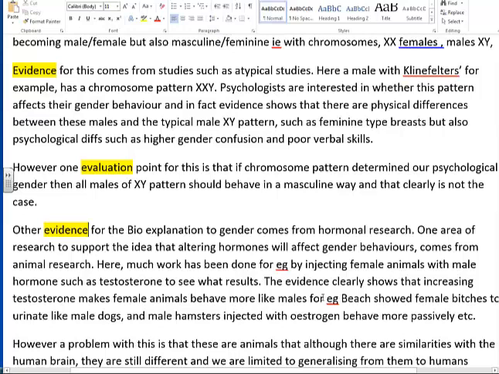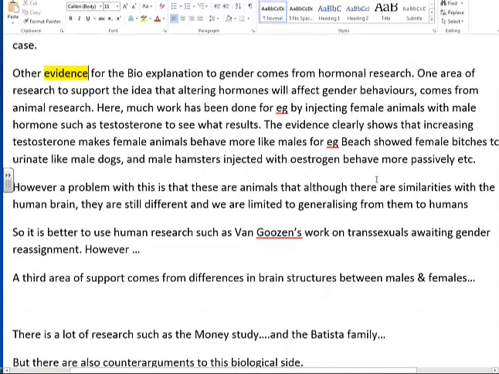For example, and now we get to the bit with more precision, Beach, that's the name of the research, showed female bitches to urinate like male dogs. And a different piece of research, using hamsters, you've got it on your handout: male hamsters injected with estrogen behave more passively and gently. So we can throw that in.